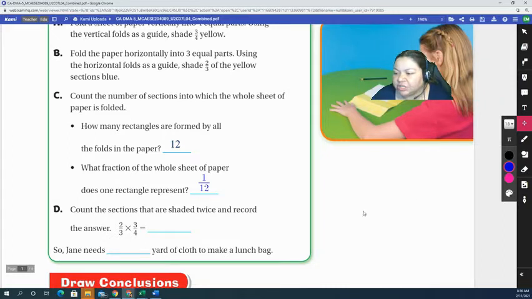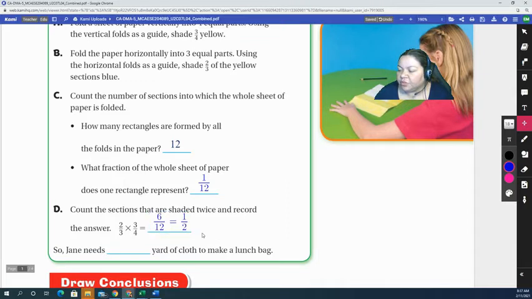So my fraction here will be 6 over 12. Now, can this be simplified? Yeah, because 6 is half of 12. 6 times 2 is 12. 6 plus 6 is 12. So I know that I can simplify this to 1/2.